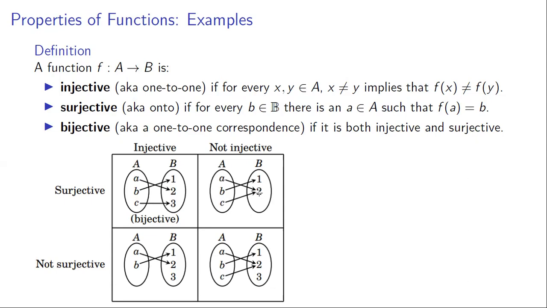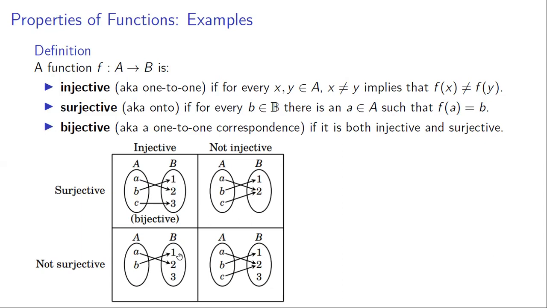So this function is not injective. However, this function is surjective. Why is it surjective? Surjective means that for every output, there is at least one thing going to it. Both of these outputs have at least one arrow leading to them. This one has an arrow leading to it. This one has actually 2 arrows leading to it, but it's still fine.